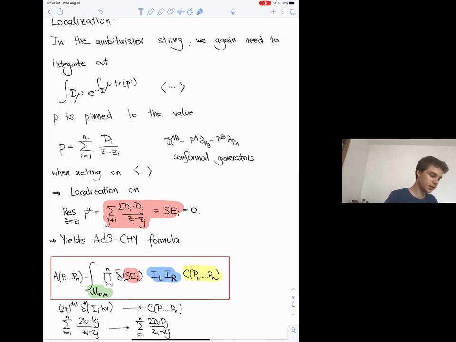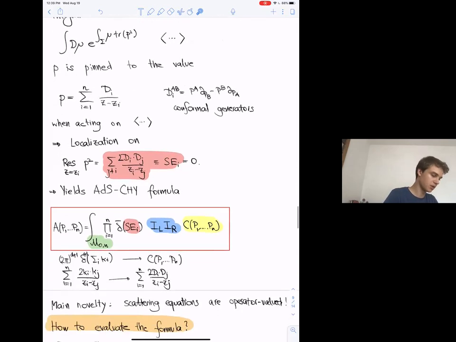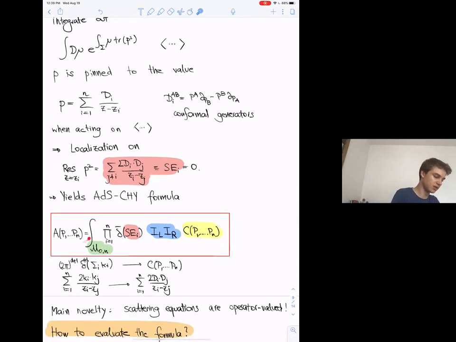And that finally leads to the AdS version of the CHY formula, namely that you can express a correlator of n of these biadjoint scalar fields as a moduli space integral over the punctured Riemann spheres. You get the scattering equations here.